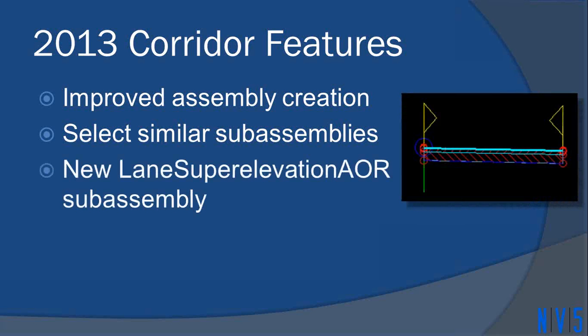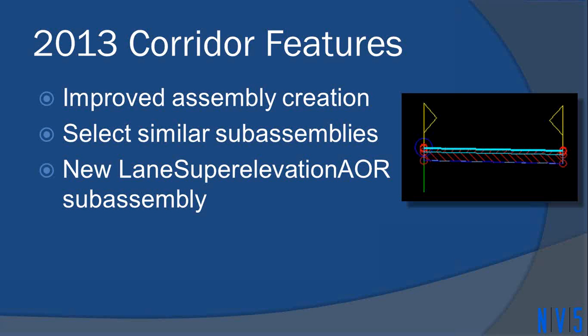And then we talked a little bit about the axis of rotation. There is a new lane subassembly called Lane Super Elevation AOR, which stands for axis of rotation. This replaces the lane outside and lane inside super elevation subassemblies. This one is used in both those conditions.